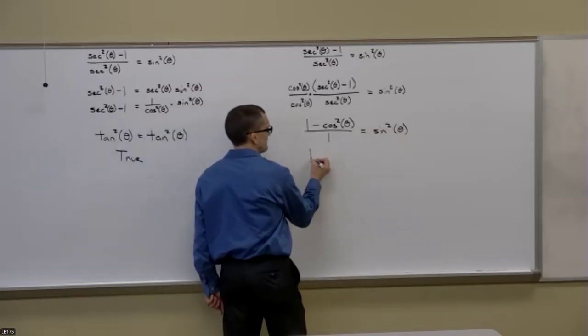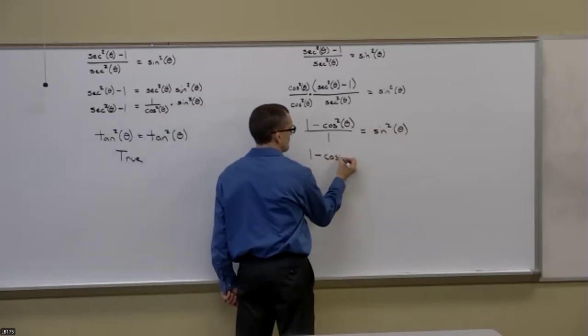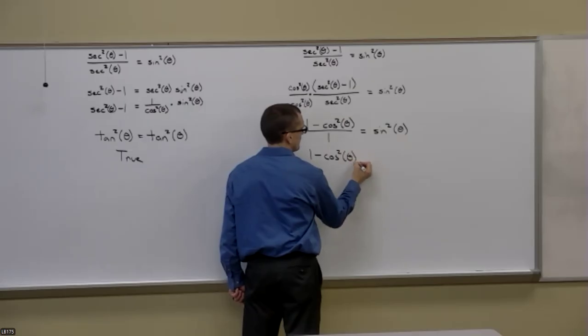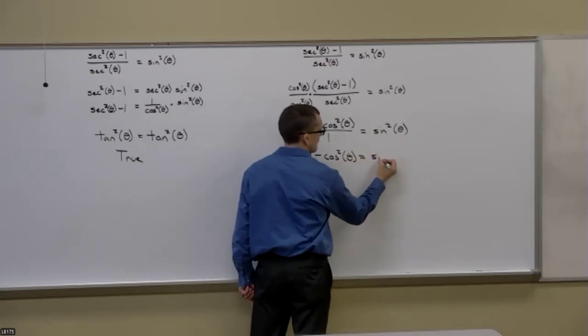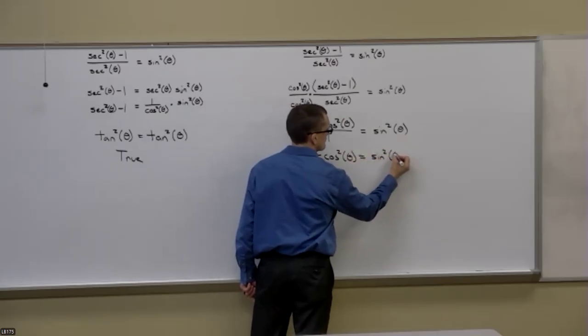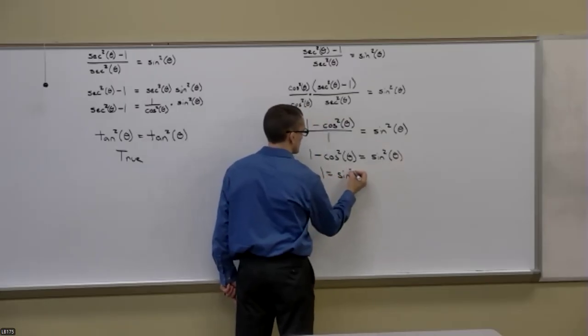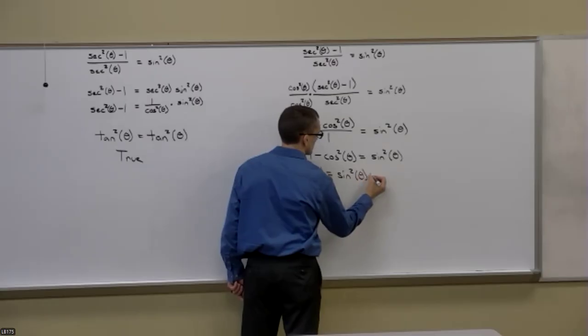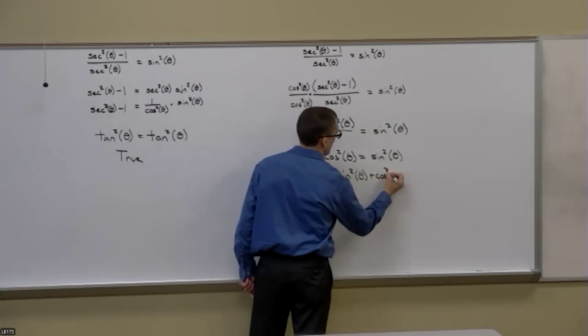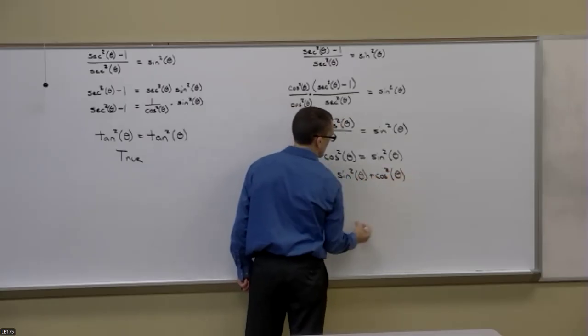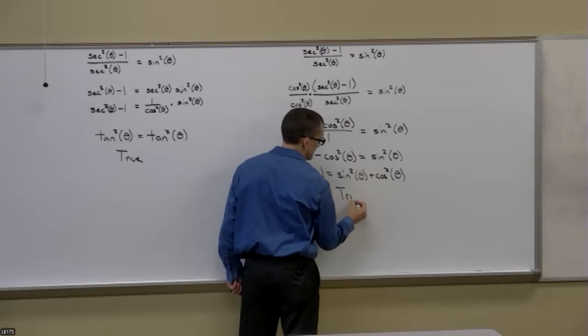And now I get something very much equivalent to the last steps in the first way I solved this. That's my Pythagorean identity, so that's true.